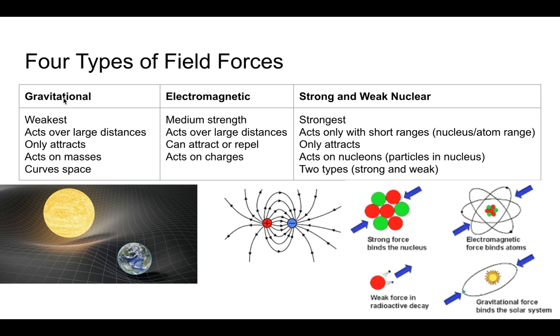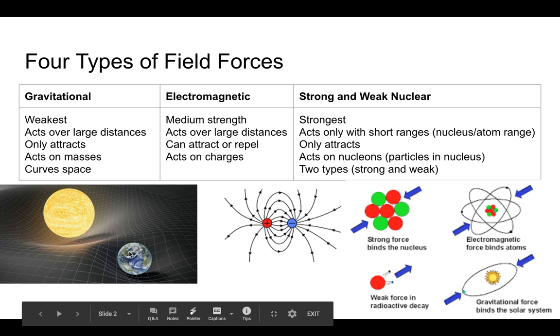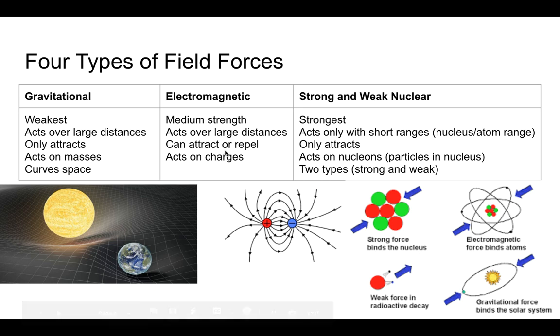Now, they're all different in what they act on, in essence. Gravity acts on masses, so two masses are attracted to each other. Electromagnetic works on charges, meaning that it acts on different charged things and has no dependence on mass, whereas the nuclear forces act on nucleons, and we'll talk more about that later. Those are just particles in the nucleus.